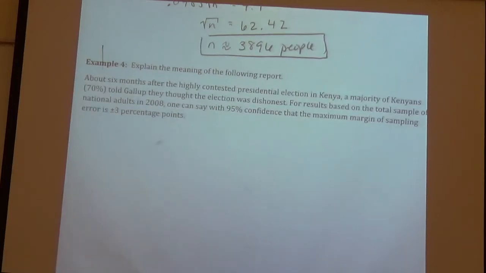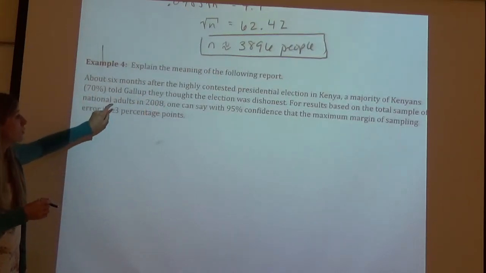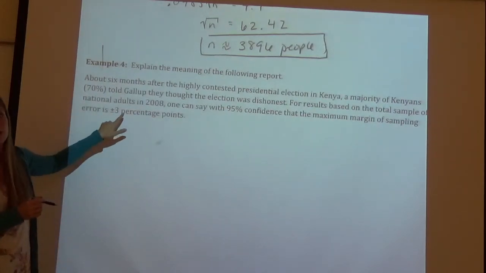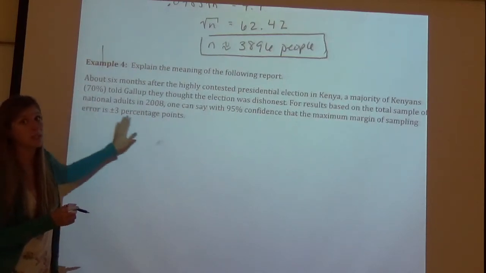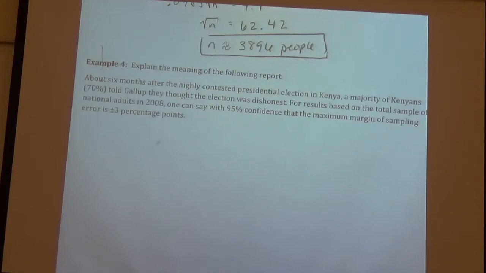Okay, so what this means is 70% of the Kenyans told Gallup that they thought this was dishonest. If we're looking at this with a 95% confidence interval, plus or minus 3 percentage points, we're basically just moving 3 to the left of 70 and 3% to the right of 70. I'll write out what this would mean in terms of an explanation.